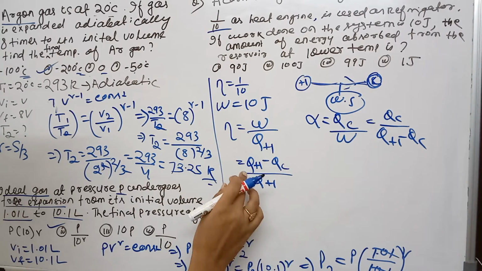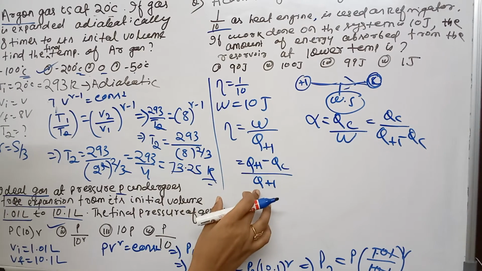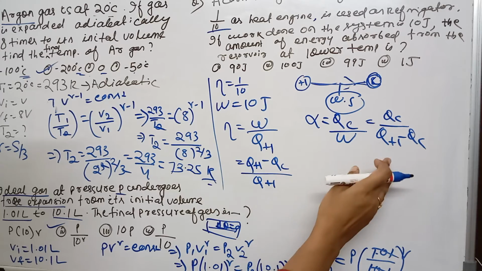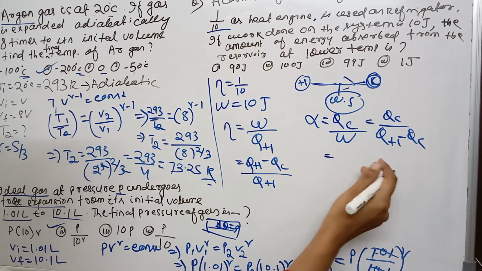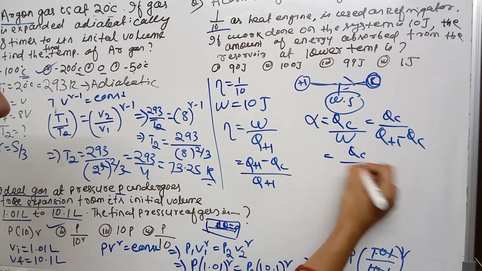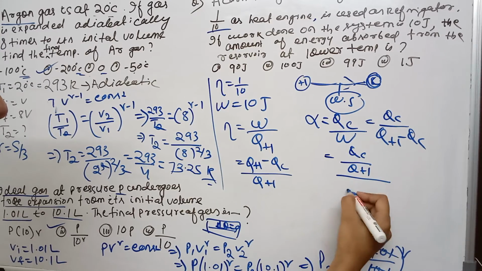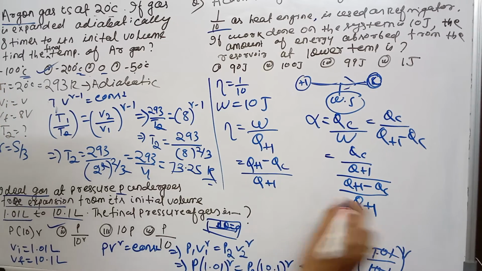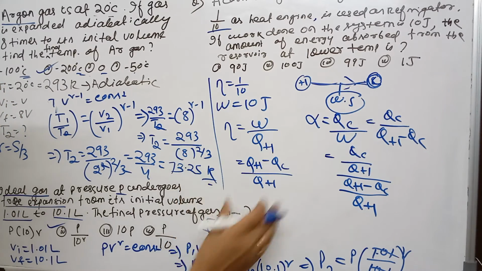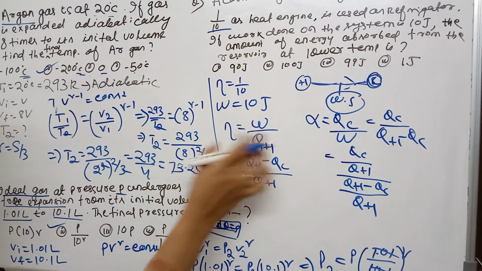So eta is in the form of QH minus QC upon QH. Here alpha is QC upon QH minus QC. So if we do it like this, QC upon QH divided by QH minus QC upon QH, because I want to convert it into this format to get the relation between alpha and eta.